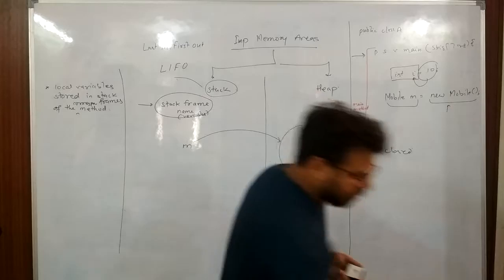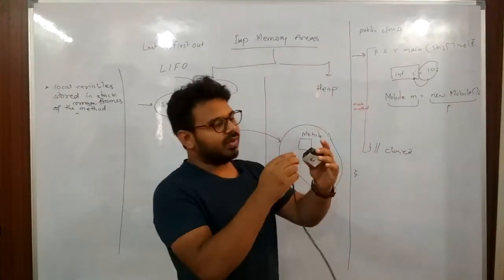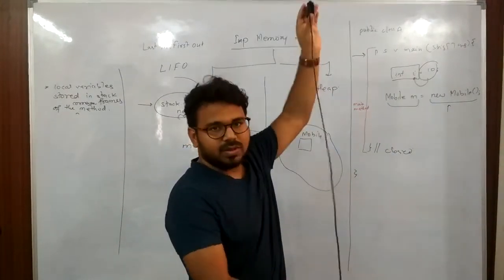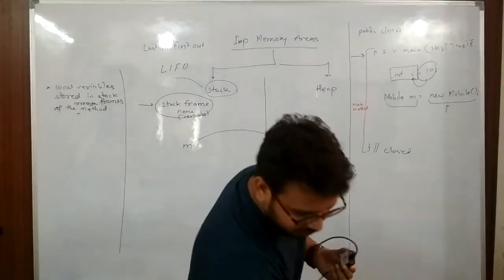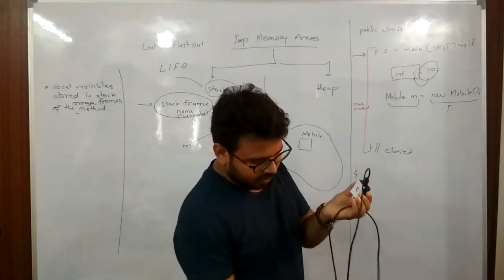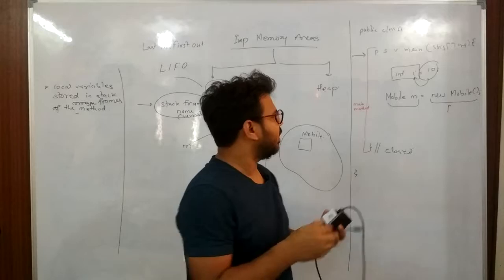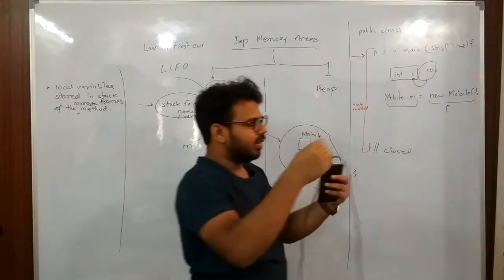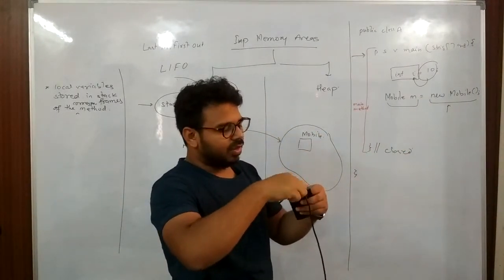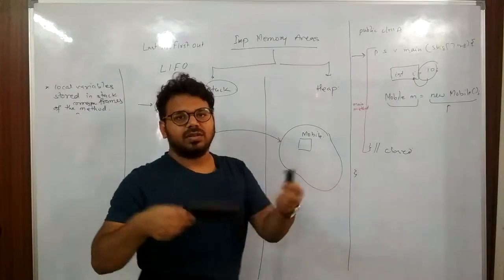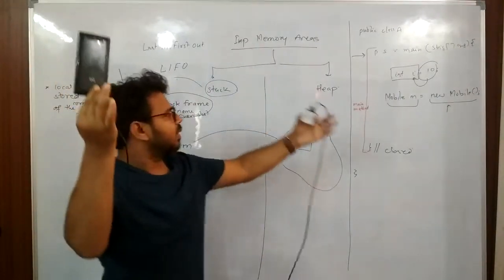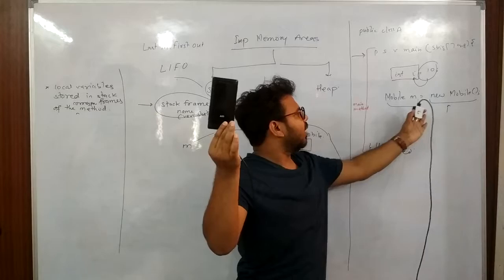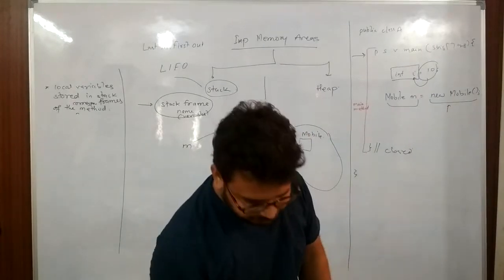Here we have our reference variable and our Mobile object, and now we will connect them. This equal to sign is nothing but the wire in our case. So this is the meaning of this line, Mobile m is equal to new Mobile.